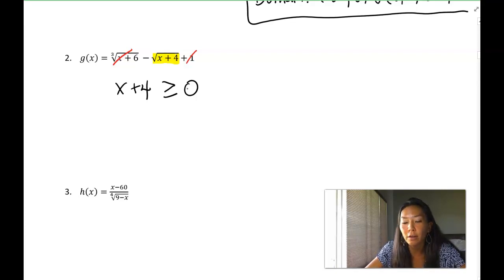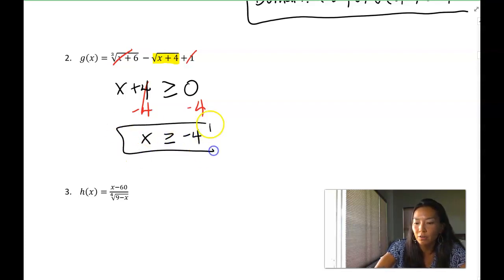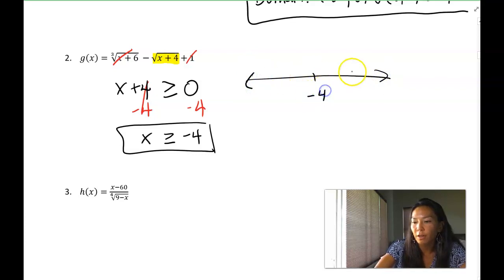In your mind, you're thinking, what values make that greater than or equal to 0? Well, negative 4 is the place where it starts, because that would make it equal to 0. Negative 3 would now make it positive. If you want to do the algebra behind it, you could subtract 4 from both sides, and now you're left with x is greater than or equal to negative 4. So this is your domain. If you were to draw it, you have negative 4 here, oops, sorry, negative 5 here.